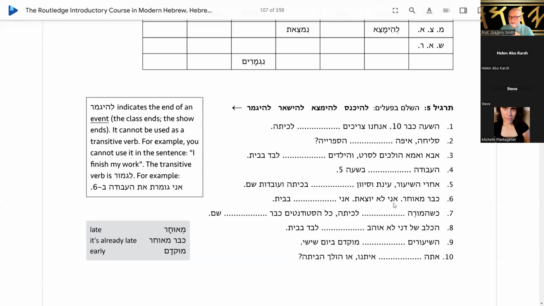So if you were to say, Helen is running home, that would be feminine singular, right? Because Helen would be a girl. But if you say David is running home, then the running in Hebrew would be a different form of running, and it would have to match masculine singular. So that's essentially what's being talked about here.